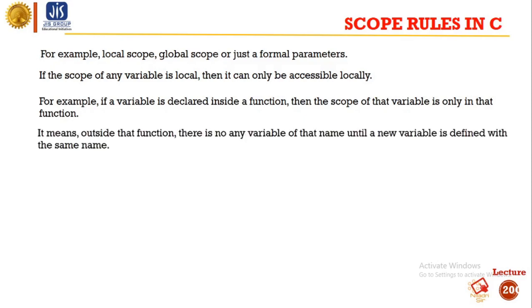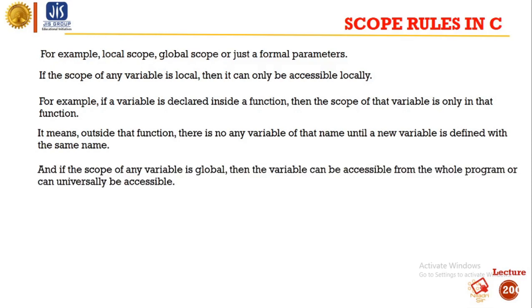It means that outside that function there is no variable of that name until a new variable is defined with the same name. And if the scope of a variable is global, then the variable can be accessed from the whole program, or universally.